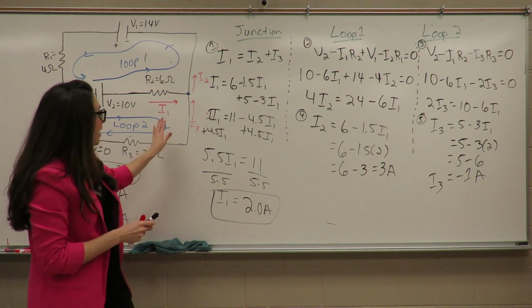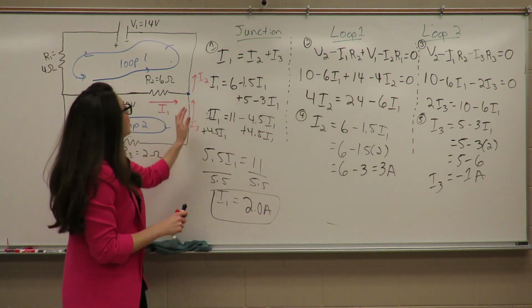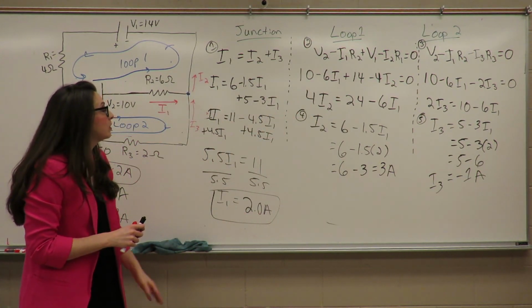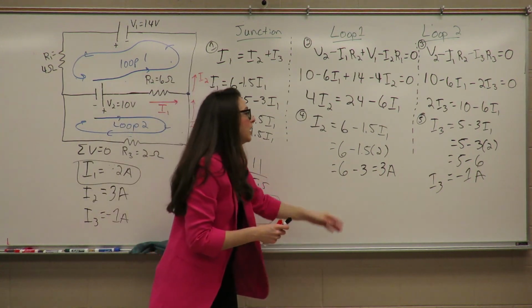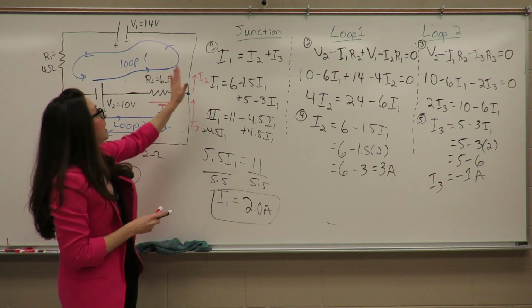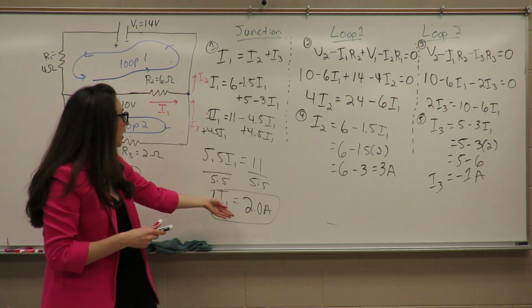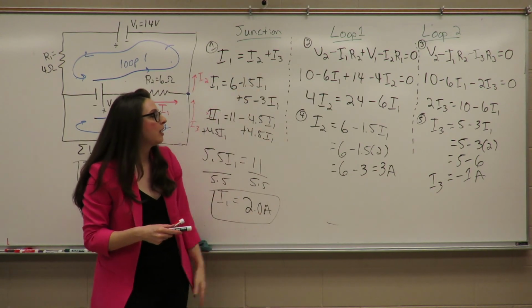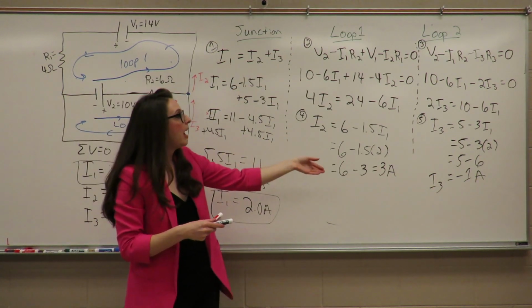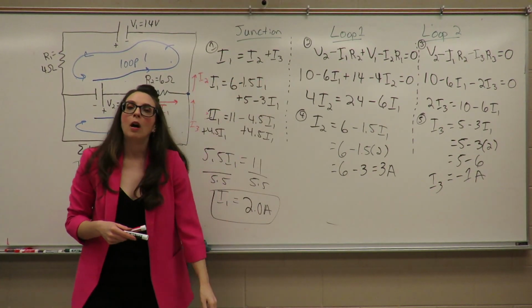So if I say 2 amperes plus 1 ampere should equal I2, which we found to be 3 amperes. So that's okay. It still works out mathematically to have the equation written like this. If I say I1 is 2 amperes, that equals I2 plus I3. If I2 is 3 and I3 is negative 1, then we still get 2 and 2 on both sides.